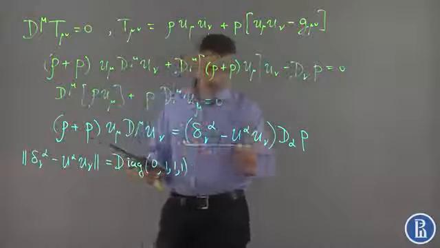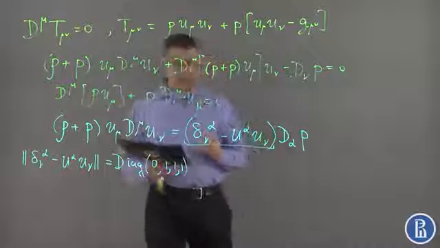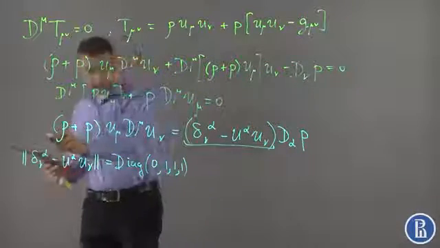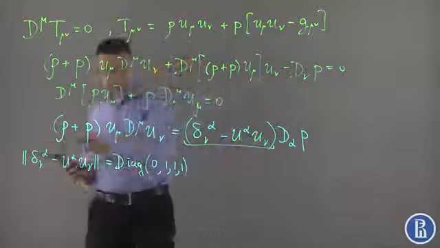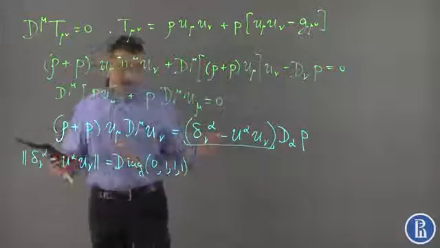Hence, this is a projector on the spatial part of space-time. And we declare that this is a relativistic covariant extension of the Euler equation.